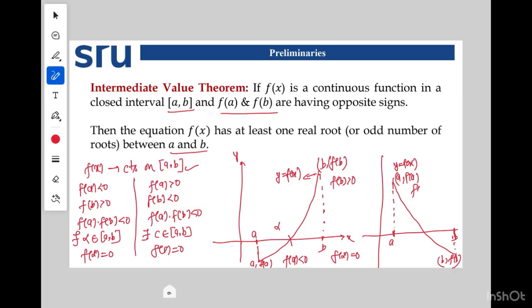In this case f(a) is greater than 0 and f(b) is less than 0. So from the intermediate value theorem, f(x) is continuous on closed interval [a, b], and f(a) and f(b) have opposite sign, then there exists at least one c in the interval (a, b) such that f(c) = 0. Okay, so this is all about the intermediate value theorem.